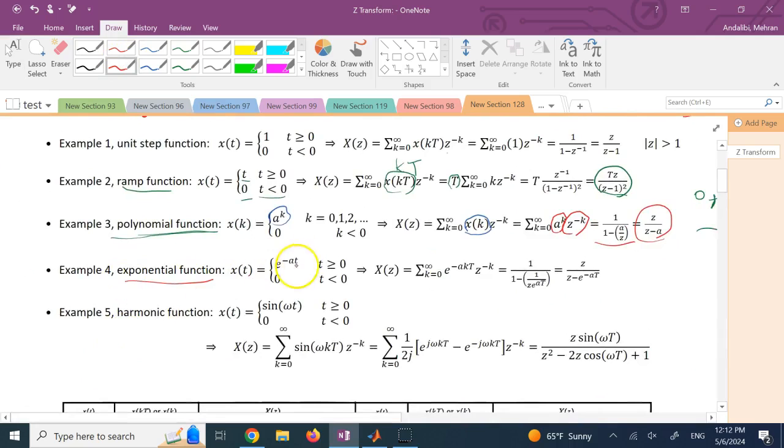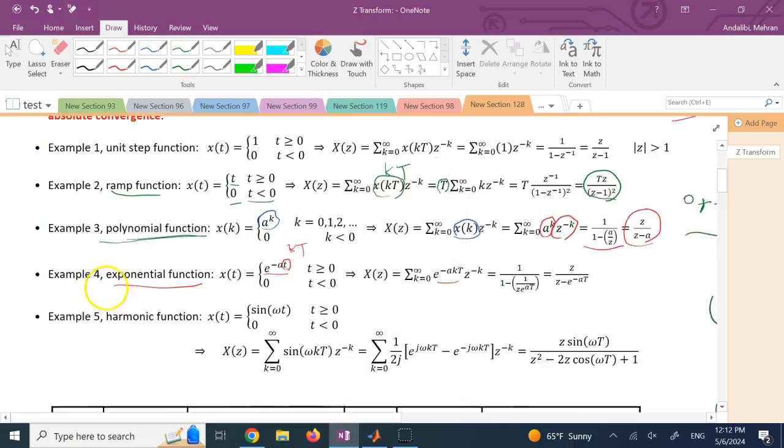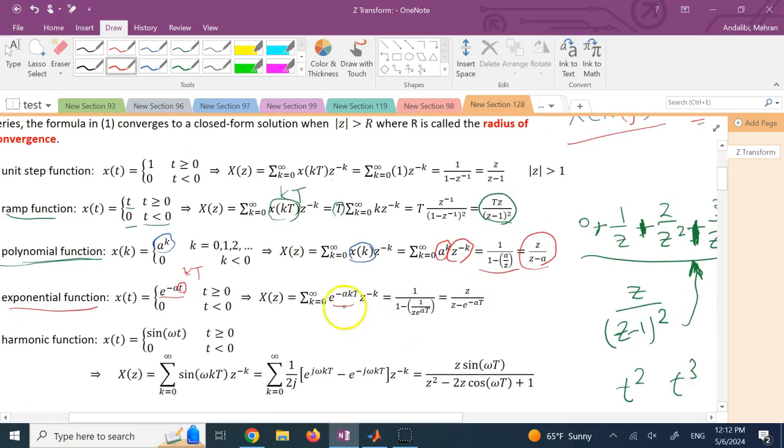One is an exponential function, e to the negative at. Again, x of z is going to be e to the negative akt here. So for this t here, we replace it with kt, and z to the negative k. And again, if you look at these, it is similar. The first term is 1. The next term, if you look, basically, they both share what? This whole thing can be written as z times e to the at, the whole thing to the power negative k. So this is that q term.